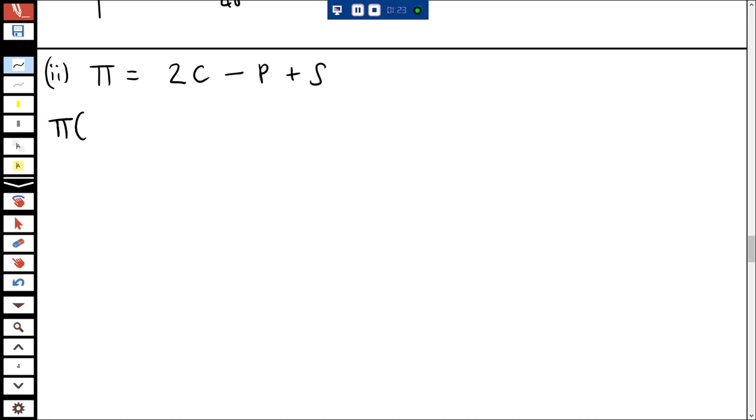The portfolio at maturity: the call option only makes profit if the market rises above the strike, and we have two call options, so we multiply that by 2.